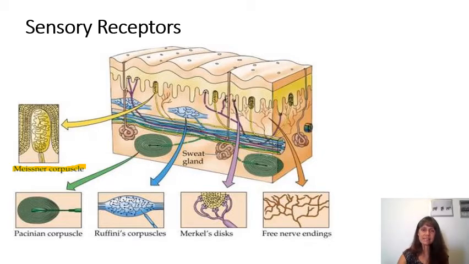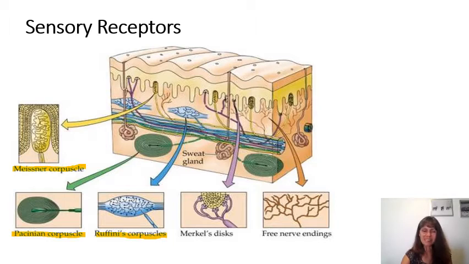We also see deeper in the dermis an encapsulated nerve ending that forms a Pacinian corpuscle. Always reminds me of an onion when I look at it. Pacinian corpuscles will transmit information regarding deep pressure and vibration. Ruffini's corpuscles are important because they will transmit information regarding tissue stretch.